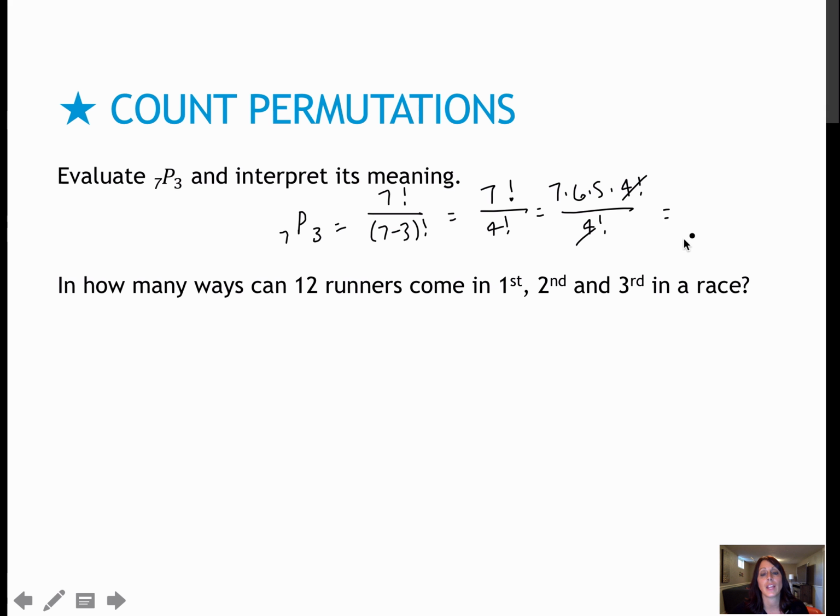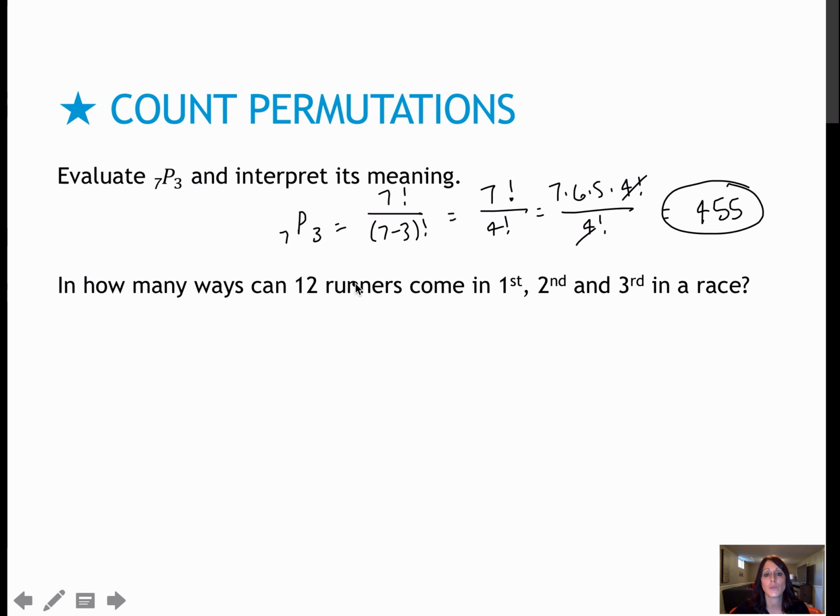And all of that stuff cancels to just give me 7 times 6 times 5, which is 210. Now, interpret its meaning. That means that there are 210 different ways in which I can choose 3 items out of 7 if the order that I choose them makes a difference.